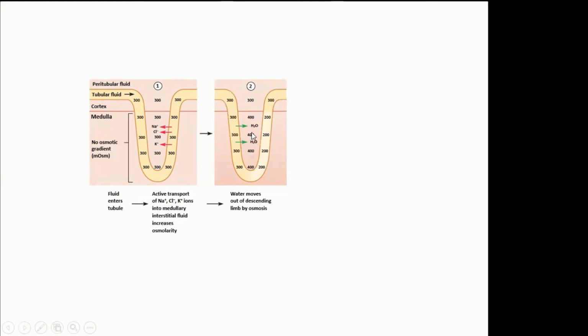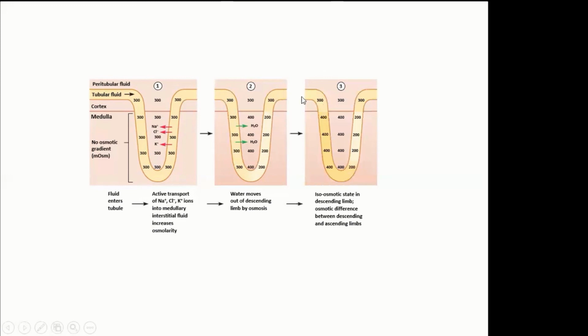That's now exerting a pull on the water in the descending limb in the tubular fluid, because that tubular fluid is still at 300 milliosmoles. So remember, if we're comparing numbers for osmolarity, we're just going to move towards the higher number. So 300 is less than 400. So water moves towards the 400. That's the direction this pull is going on the water. So we start to have water reabsorption here from the descending limb.